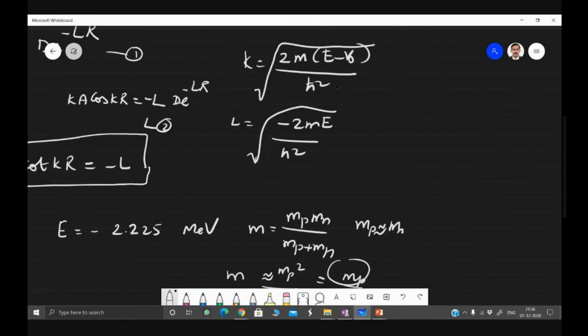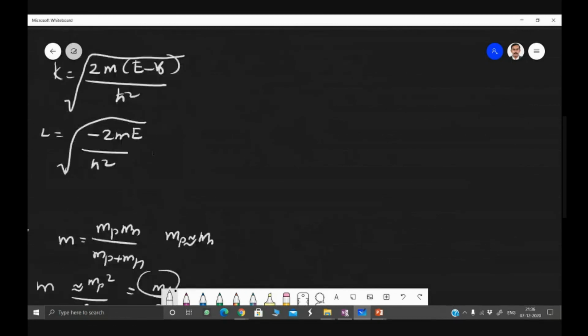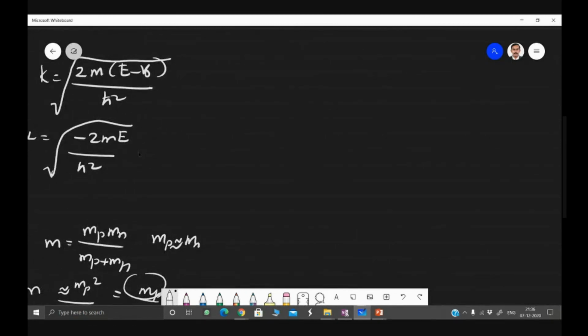For a just bound system, let us assume E to be equal to 0. The deuteron is a weakly bound system. If E is 0, obviously this term will be 0, L is equal to 0, and in this term we have the value of V naught and then M, so we can substitute M as Mp by 2.